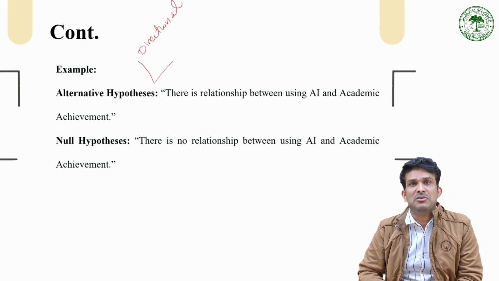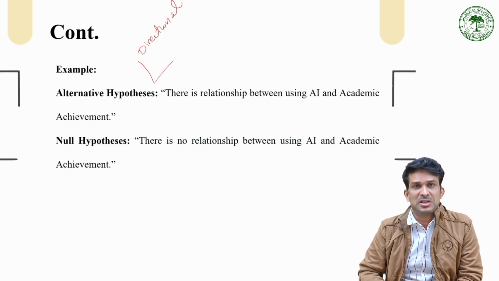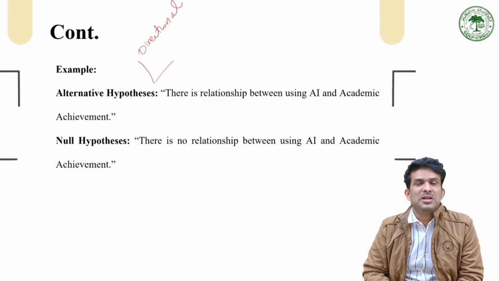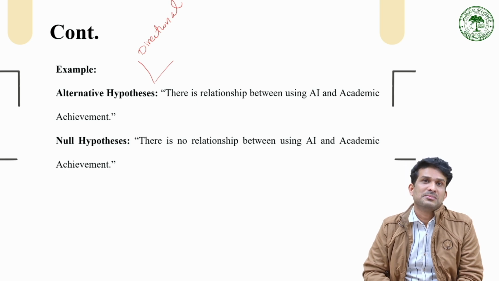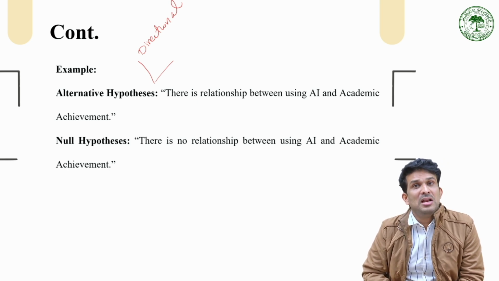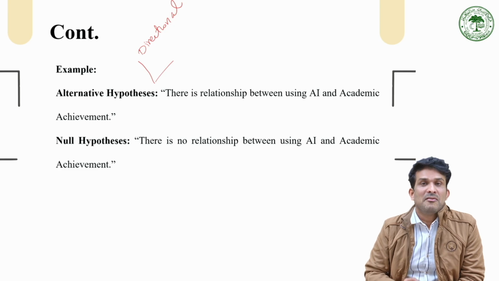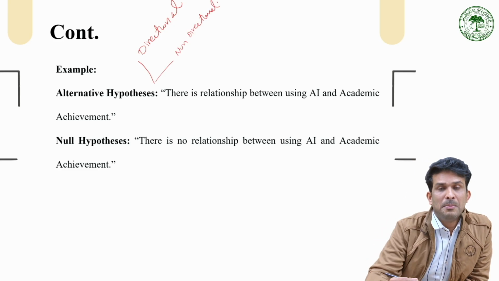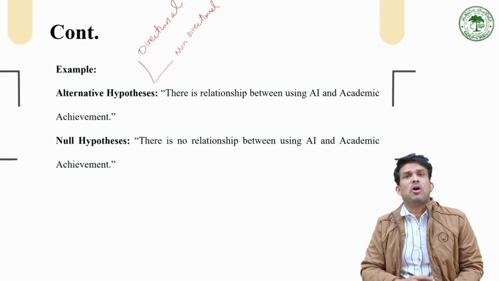There is a positive significant difference between X and Y. That is directional hypothesis. There is a negative association between human gender and their preferences in marriages. These are directional hypotheses. When we talk about non-directional hypothesis, by name itself, the direction will not be clear.